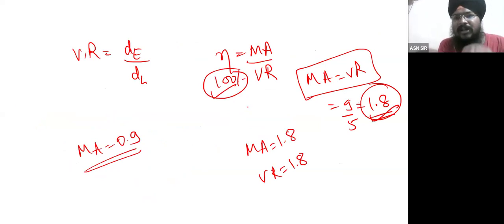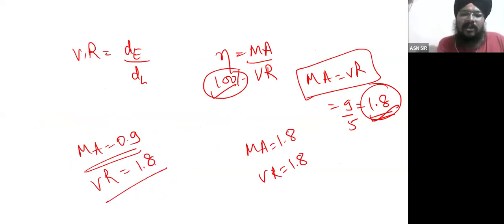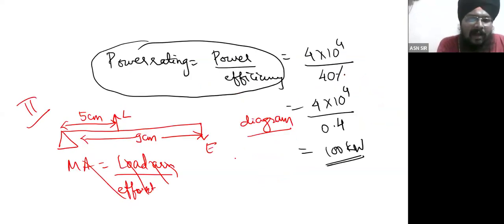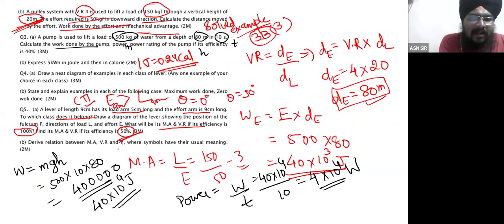We know that velocity ratio does not change. It remains the same, that is 1.8. So velocity ratio will be 1.8 and mechanical advantage 0.9. When it is 100%, both are the same, that is 1.8.